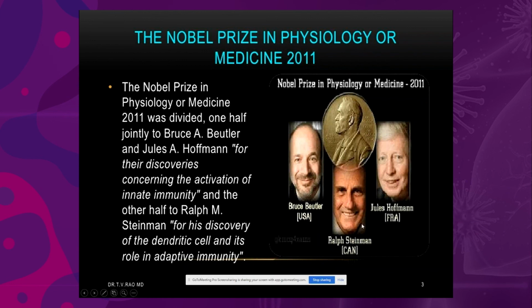Dendritic cells are the cells that bridge innate with adaptive immunity, and that shows what I just said to you, that innate immunity cannot really be viewed in isolation. Innate immunity is important for early protection, but also because it instructs adaptive immunity. The importance of these early events of innate immunity for the adaptive part was recognized with the Nobel Prize awarded at the same time to Ralph Steinman.